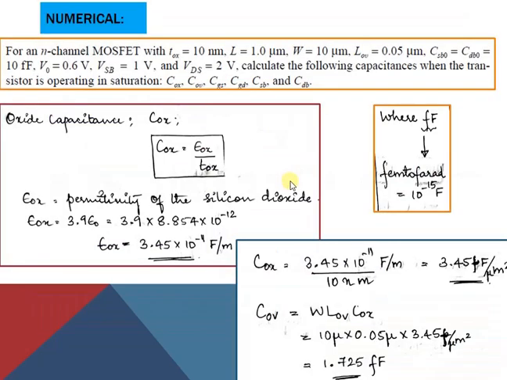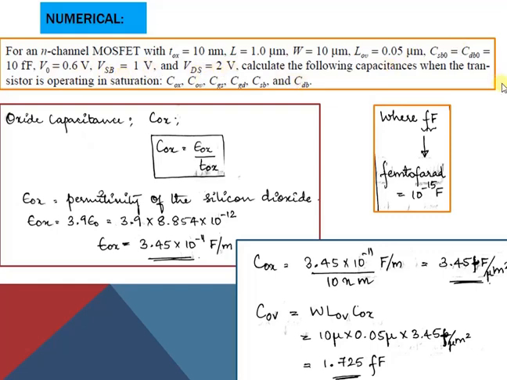So the numerical says that for an n channel MOSFET with oxide thickness of 10 nanometer, length of 1 micrometer, width of 10 micrometer and overlap length of 0.05 micrometer, CSB0, CDB0 to be equal to 10 femtofarad, V0 to be equal to 0.6, VSB to be equal to 1 volt, VDS to be equal to 2 volts.